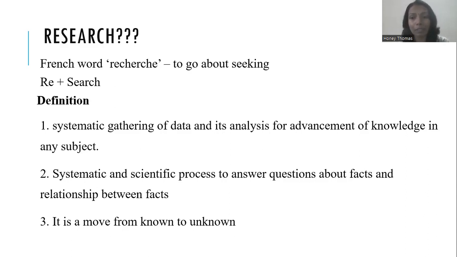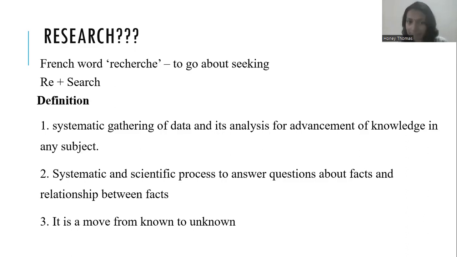What is the advancement of knowledge? We want to learn about the current status of this iron deficiency anemia. From this research, we are gaining knowledge: this is the status of iron deficiency anemia in rural area or urban area, in this sex or in this age group, whatever it may be, and we are getting knowledge out of this process.